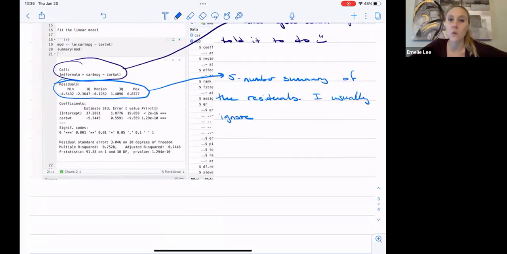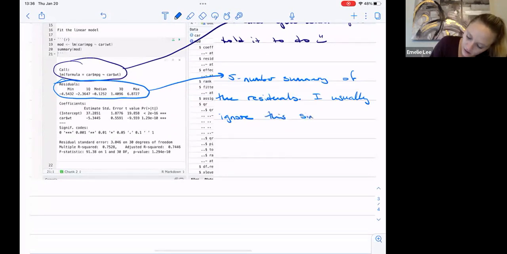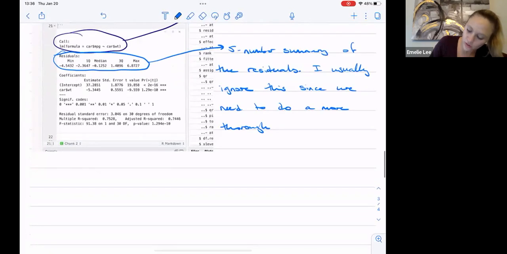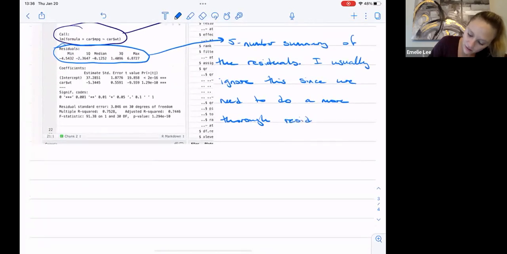Sometimes it's nice to know what you can ignore, kind of ignorable warnings or ignorable output, so that you can just focus on what you're meant to focus on. And that's hard in the beginning, especially if you're not used to reading output like this. But I usually ignore this since we need to do a more thorough residual analysis anyways.